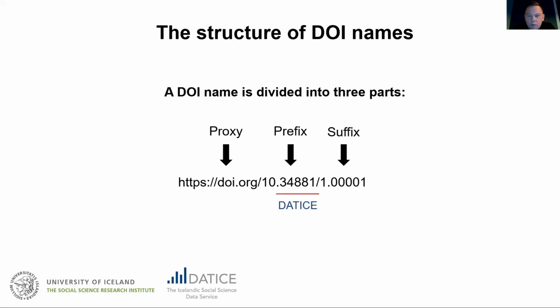But then what we had to decide was a system for our suffixes, and this could be almost anything, any string. It's quite flexible how you specify this. It could be a random number or some letters, and we decided to use a very simple system.